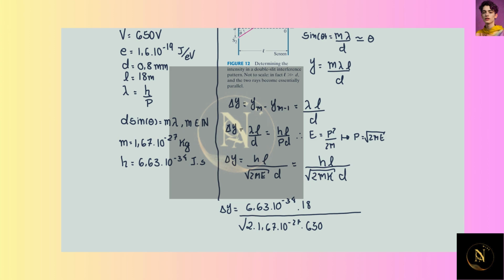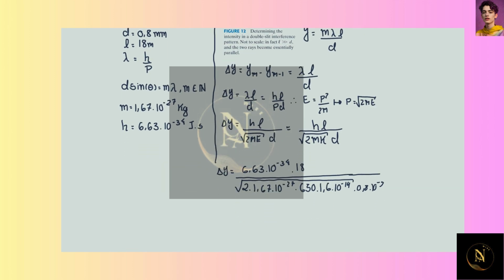But we have to convert this energy from electron volts to joules, and we can do that by multiplying it by the electron charge, which is 1.6 times 10 to the minus 19. And this is all under a square root. And finally, we multiply by d, which is 0.8 times 10 to the minus 3. Then, this results in delta y approximately 2.5 times 10 to the minus 8 meters.